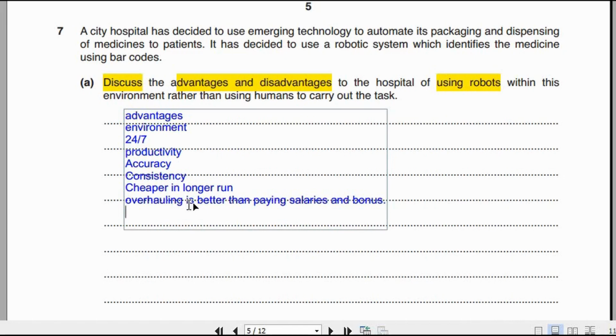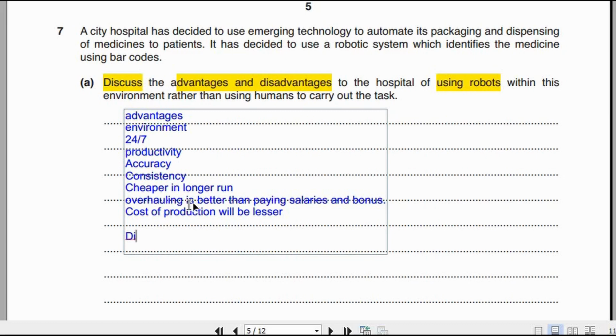This is another point that you can make out of the cheaper thing. Or the cost of production will be lesser. So these are any 4 or 5 points you have to write.